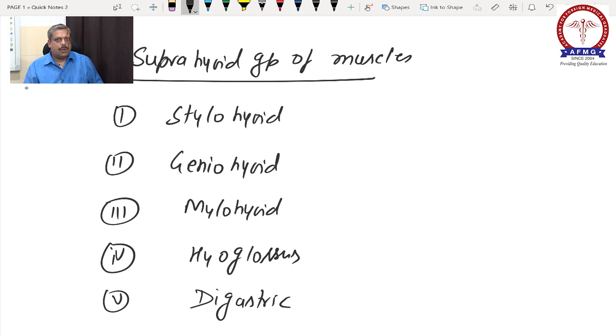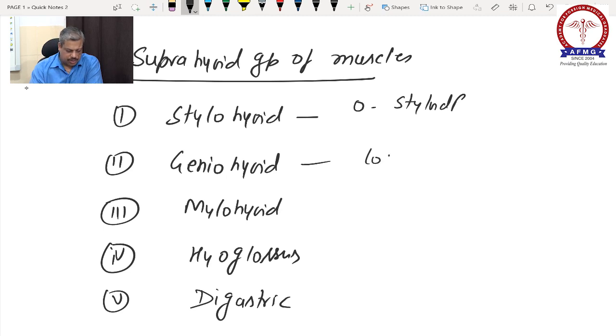So they are coming from upside, like the stylohyoid muscle. Read the name of the muscle, it gives some information. Stylohyoid: its origin is the styloid process of the temporal bone. The origin is present superiorly. Clear? Geniohyoid muscle takes origin from the lower genial tubercle.